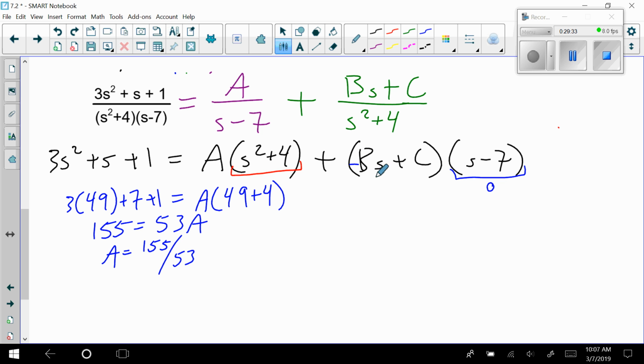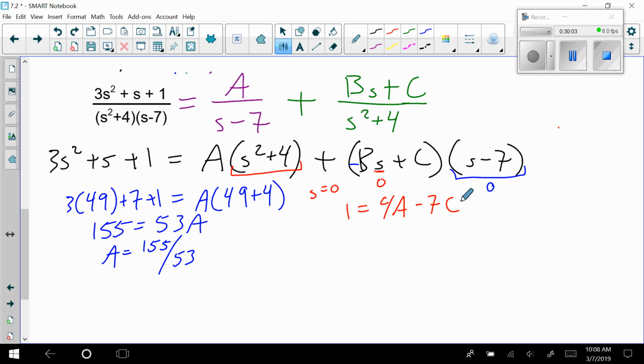Well, if I let this S be 0, this B would go away. So here I'll let S equal 0. If S equals 0, I would have a 1 equals 4A. This is gone. I have C times negative 7, so that's negative 7C.